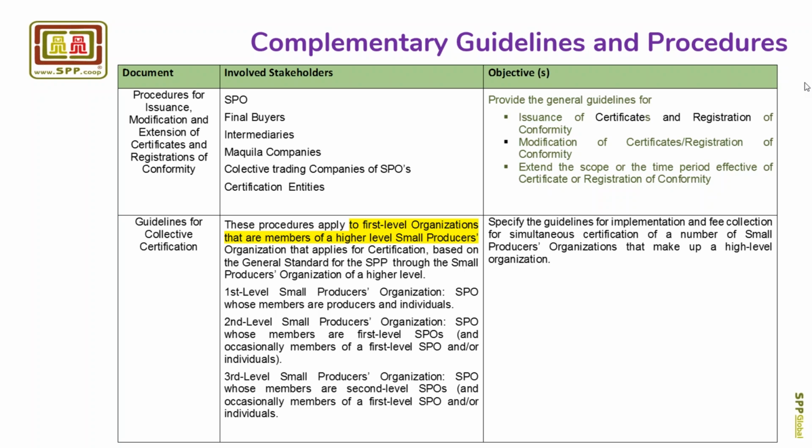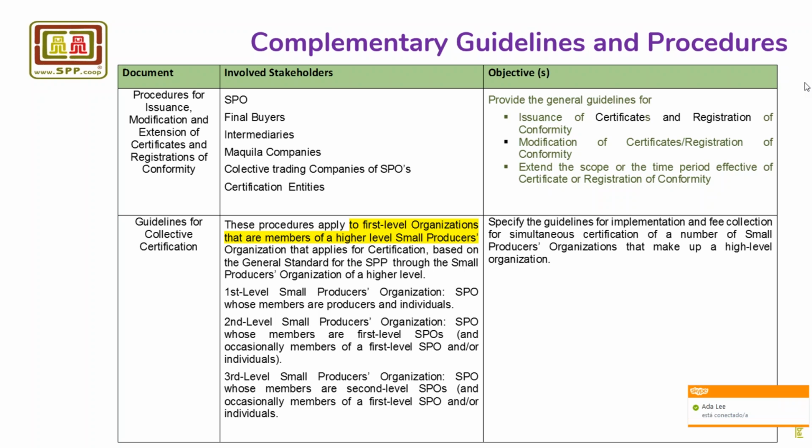We have a new application from an organization from Ethiopia. The organization is a second or third level, I'm not sure, but they have 300 first level small producers organizations and 300,000 members.